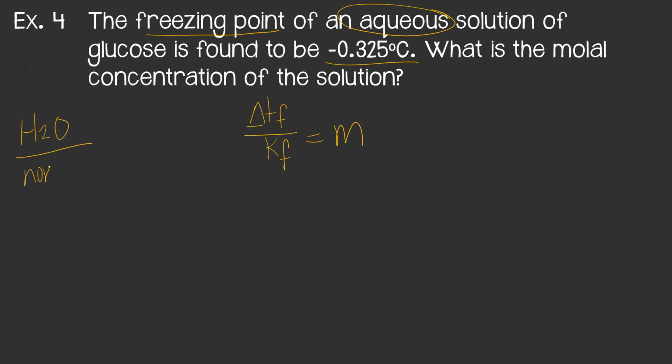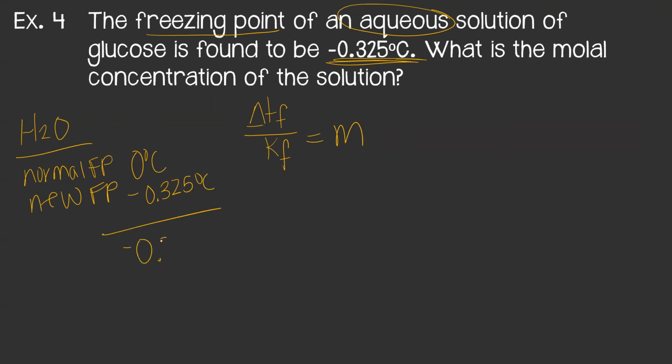A normal freezing point from your chart is 0 degrees Celsius, and the new freezing point of solution is negative 0.325. That gives me negative 0.325, and that is delta TF.